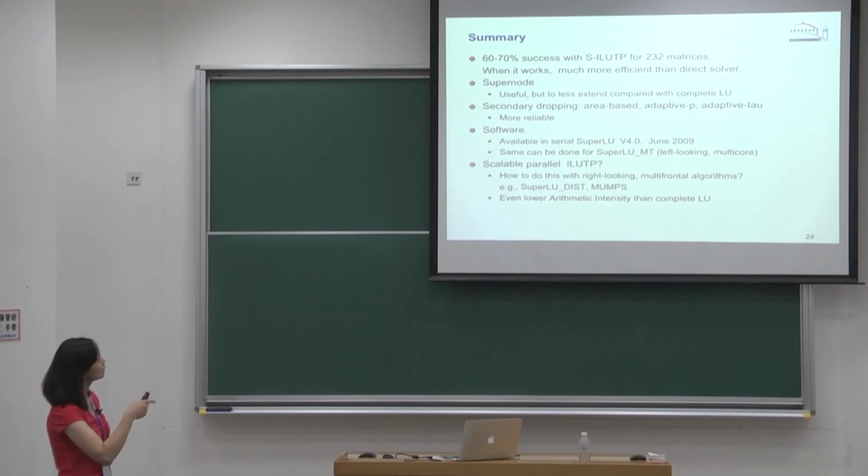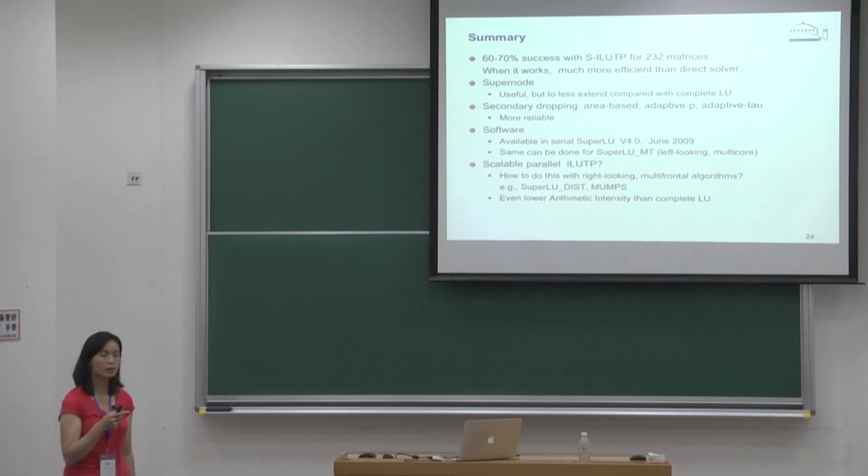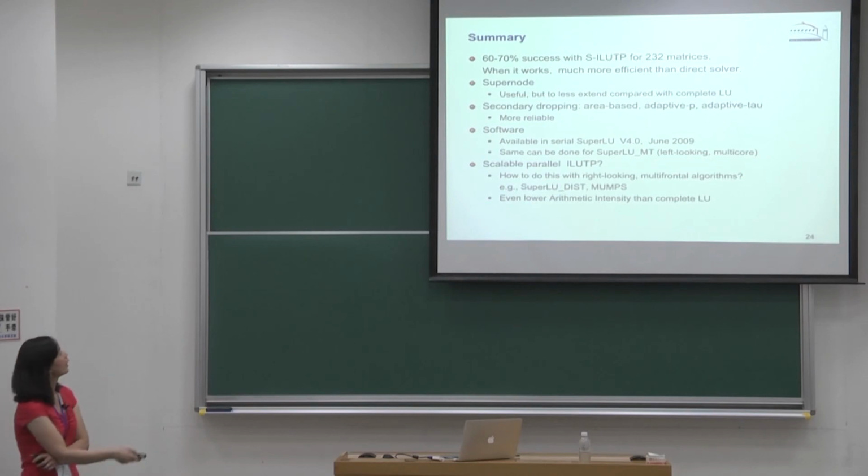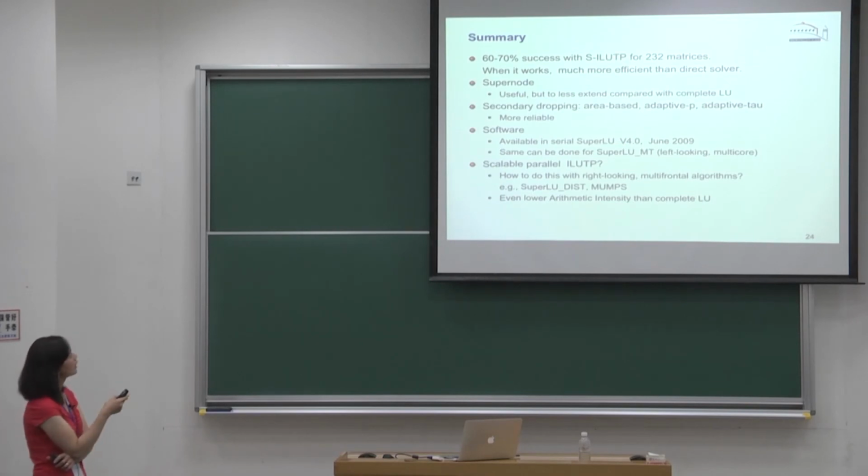Remember I showed the comparison to other approximate factorizations, like the Parasails approximate inverse. ILUTP is numerically very robust, very reliable for all very difficult problems, even for fusion, multiphysics simulation. But then you have all this sequential dependency, and the arithmetic intensity is very low.